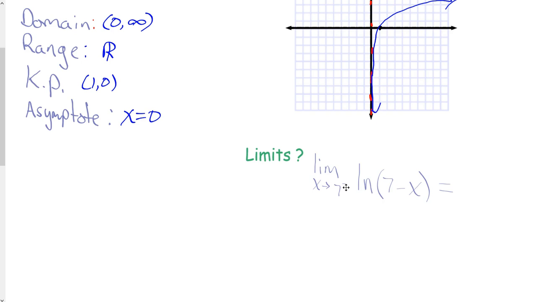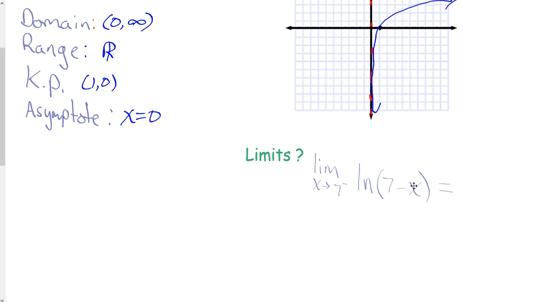I think that this limit says find the limit as x approaches 7 from the left of the natural log of 7 minus x. So from the left would mean I would be finding the limit as x approaches, like if x is 6.999. Think about that in here.